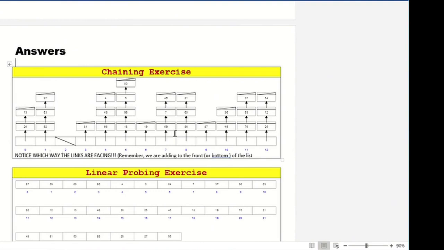It looks like it's 81. If the new number is 23, who's going to be linked first? The 23 or the 81? It's going to be the 23.